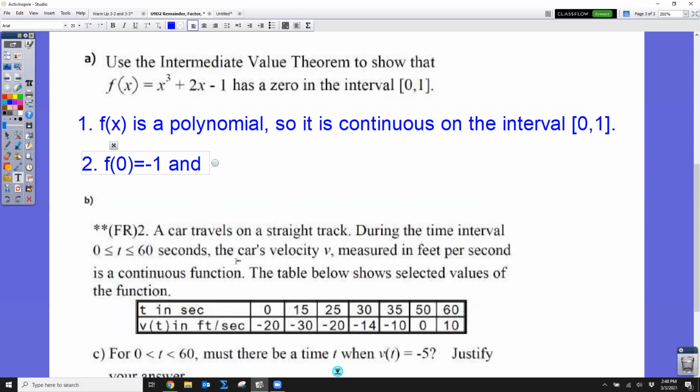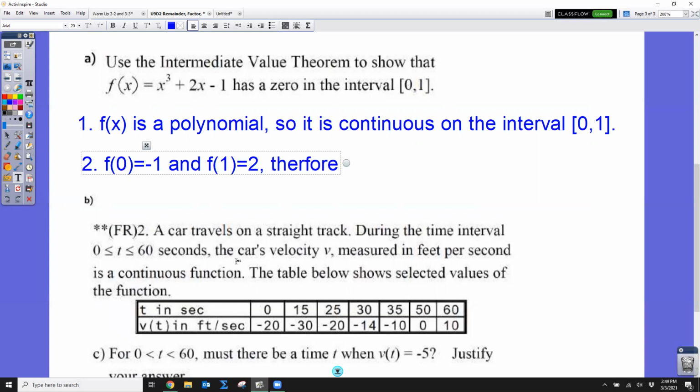And if we were to plug 1 in, we would get 2. So f of 1 is equal to 2. So f of 0 is -1, and f of 1 is equal to 2. Those are definitely not equal.